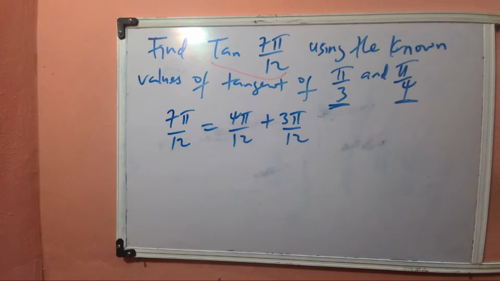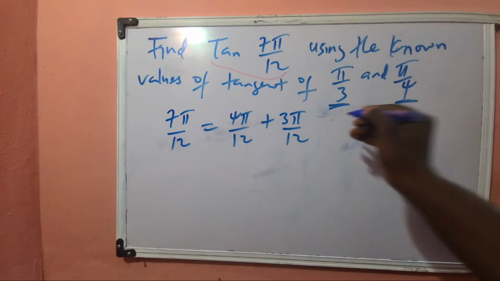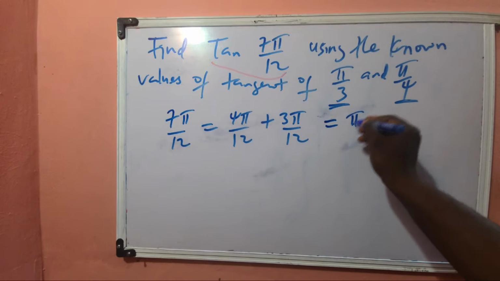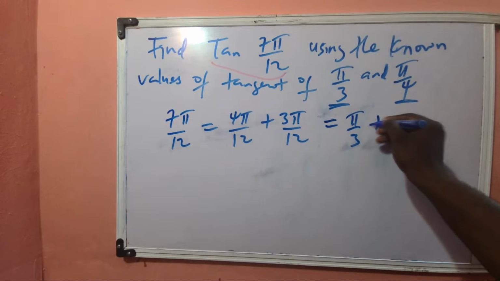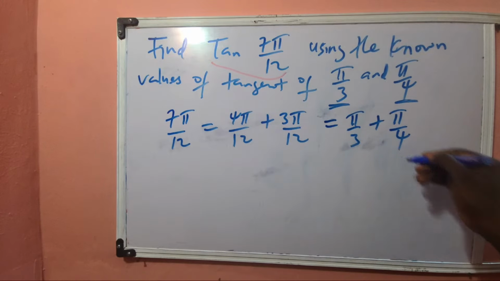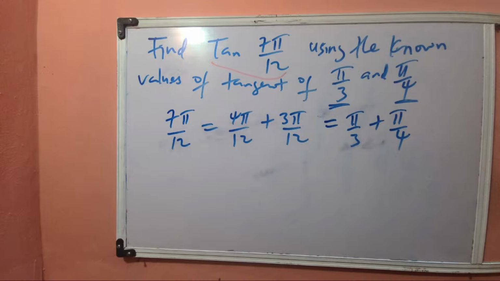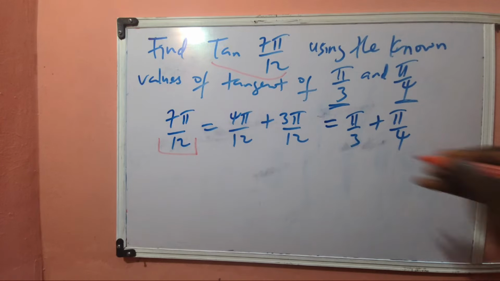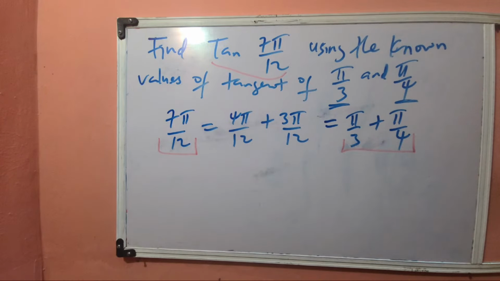And if you go on to examine this, 4 pi over 12 is actually the same thing as pi over 3, and 3 pi over 12 is pi over 4. Are you seeing something already? That we have been able to change 7 pi over 12 to pi over 3 plus pi over 4.